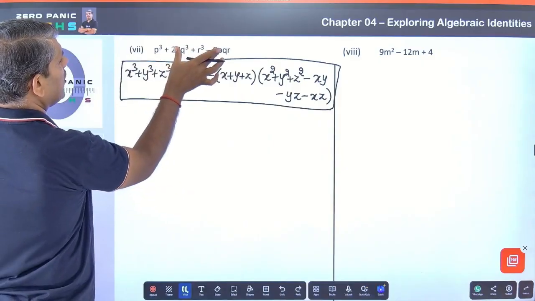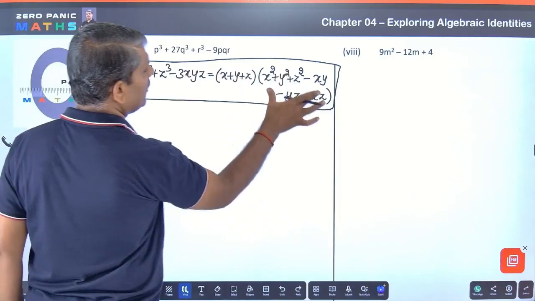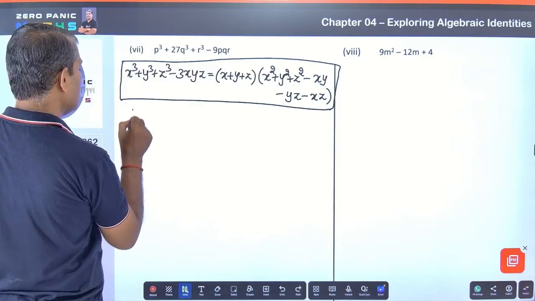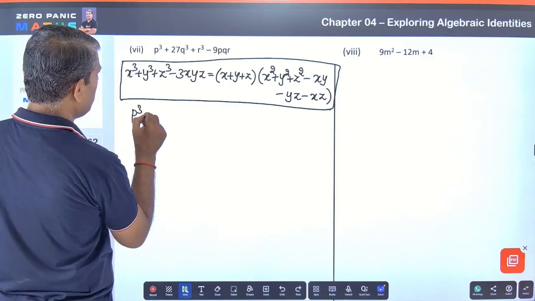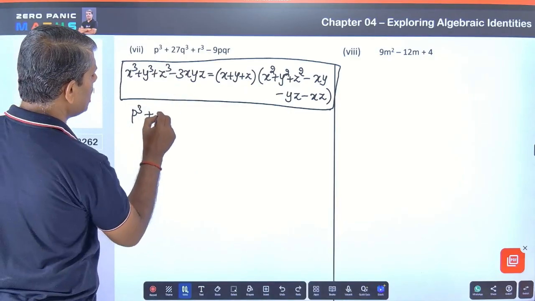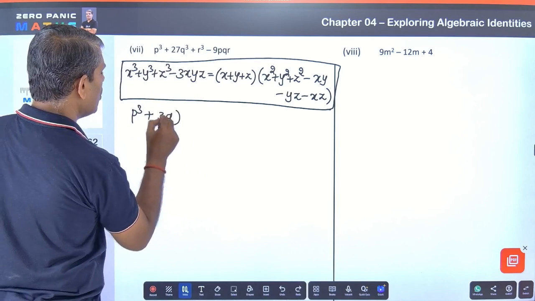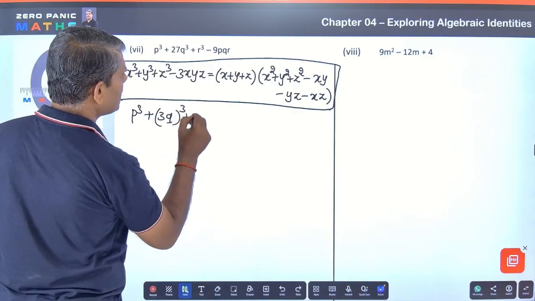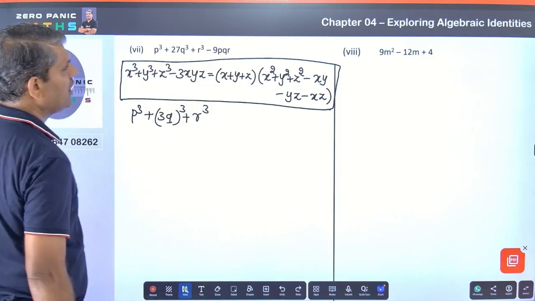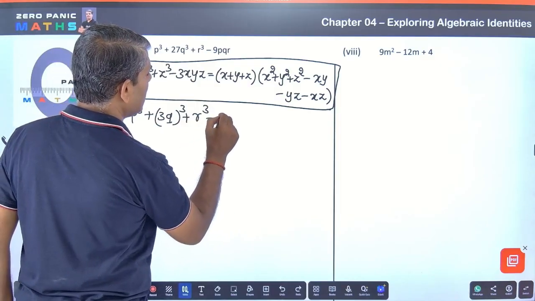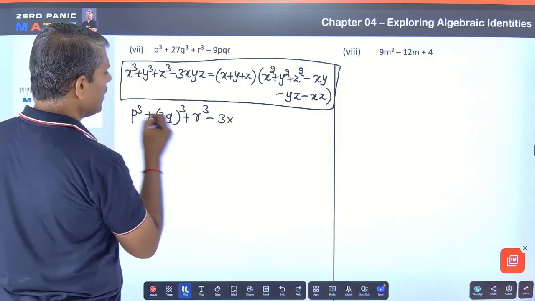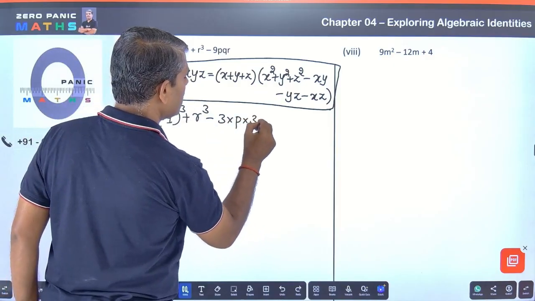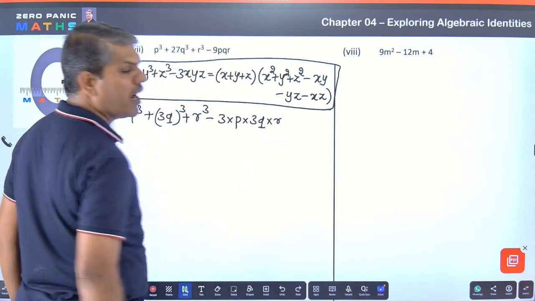First of all, we need to convert this into the left hand side format so that we can write it in this format. Do it carefully. p cube as x cube, we already know p cube, plus 27 cube, I will write it as 3q whole cube, making 3q my value of b, plus r cube, that is my z cube, minus 3, and we know that p is x for me, 3q is y for me, and finally z.